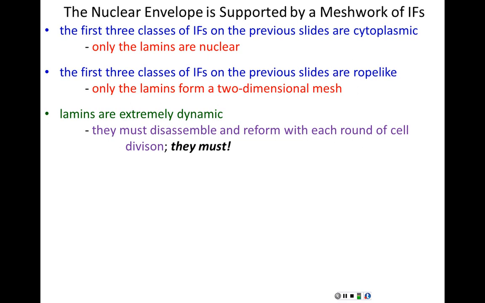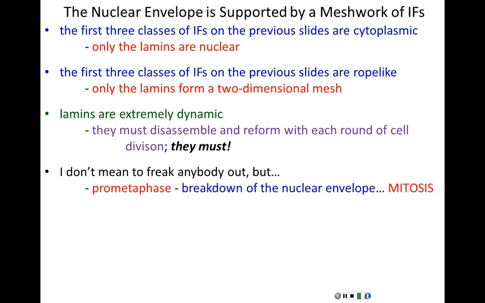Every time the nucleus dissolves at the beginning of mitosis and it reforms at the end of mitosis, we also must have a dismantling of the nuclear lamins, and then a reassembly of the nuclear lamins for a reassembly of the nuclear envelope. So lamins must be extremely dynamic, because they must disassemble and reform with each round of mitosis.